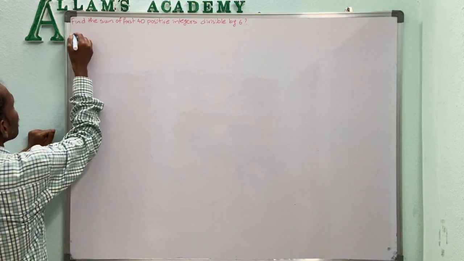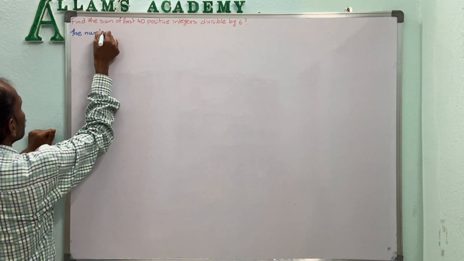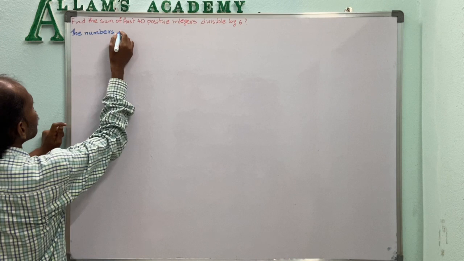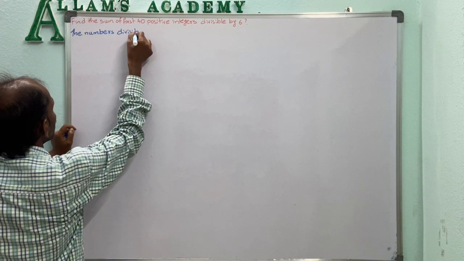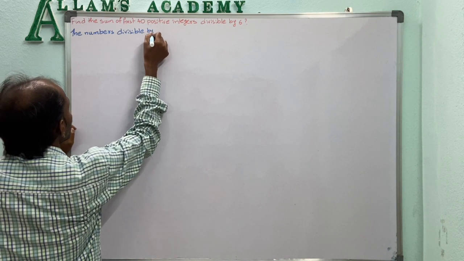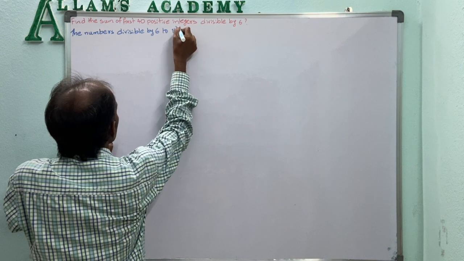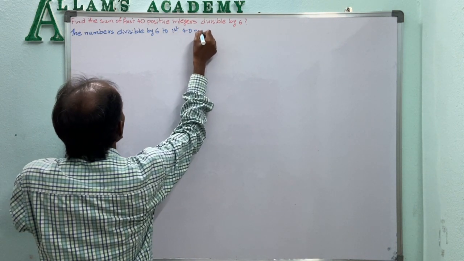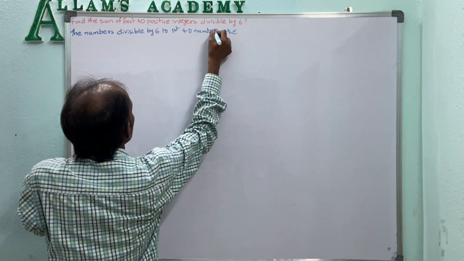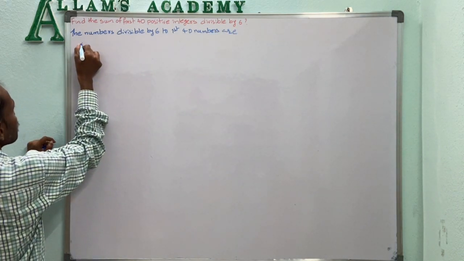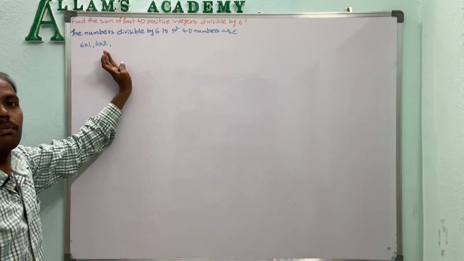So the first 40 numbers divisible by 6 are nothing but we can write 6 ones, 6 twos, that are nothing but multiples.